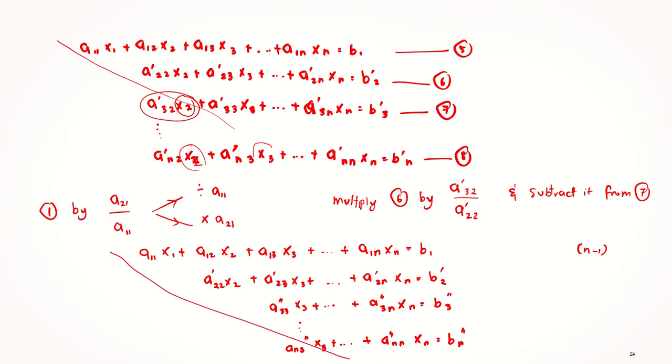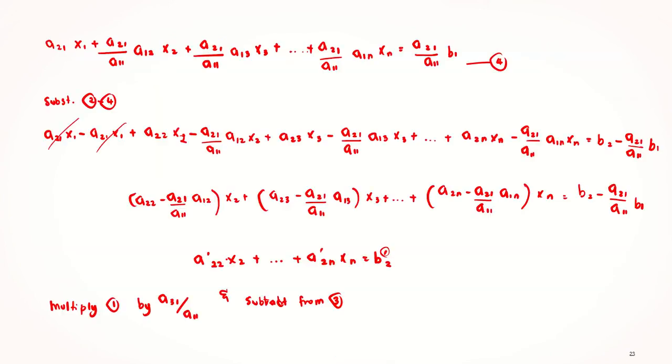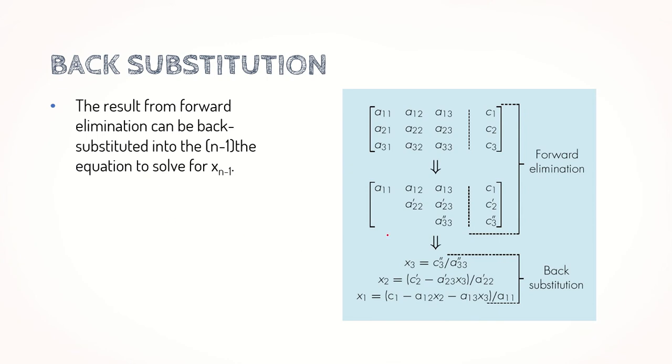At the end, we can get the value of this part here. For example, a double prime 33 x3 equals c double prime 3, so we can solve for x3. So x3 is c double prime 3 over a double prime 33. After that, we can back substitute this into the second and the first equation.